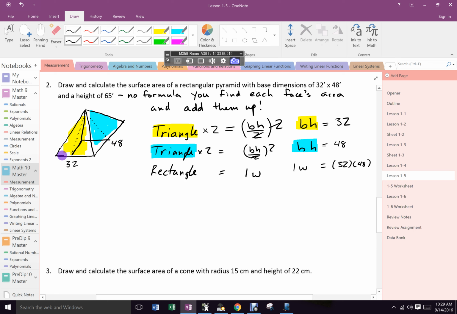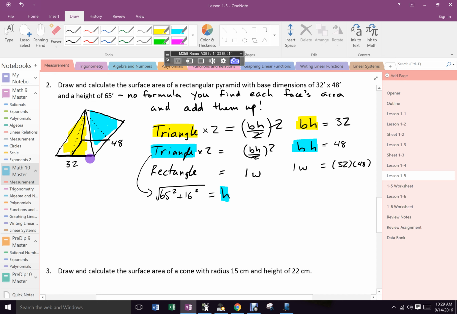How long is this? 32. How long is this, which goes halfway? 16. So the blue triangle is 65 squared plus 16 squared, and then we square root it. That gets me the blue triangle's h.